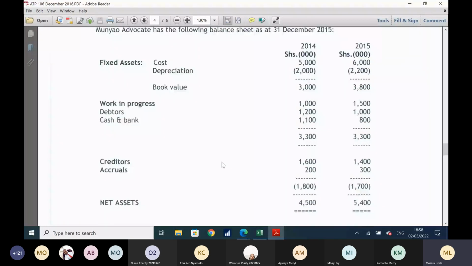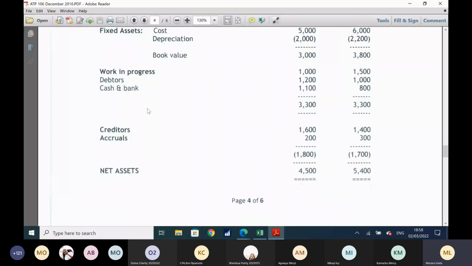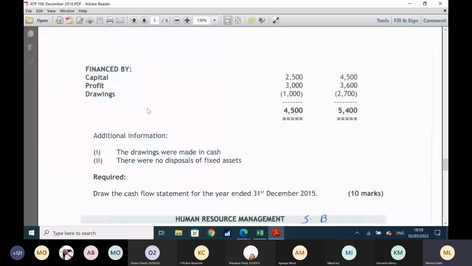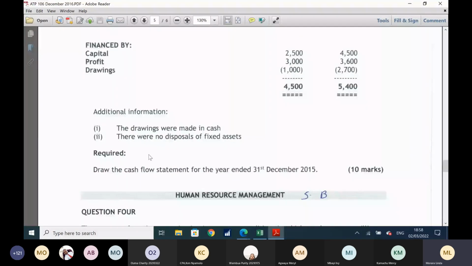So there go his fixed assets, depreciation, the work in progress, debtors, cash, all that, and it has been financed by that. In the additional information, we are told that the drawings were made in cash, which means that should affect our cash flows. And then we are told that there was no disposal of fixed assets. So then we are being told to draw a cash flow statement.